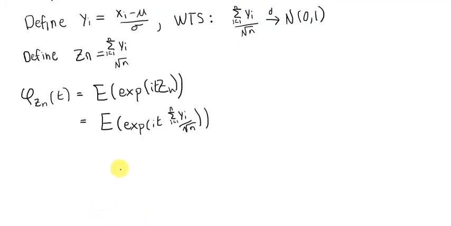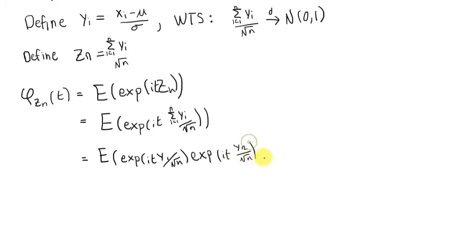Our next step is going to be the expected value of exp it y1 over square root n, times the expected value of exp it y2 over square root n, dot dot dot, all the way to yn over square root n. This is a property of exponents that we are using here.